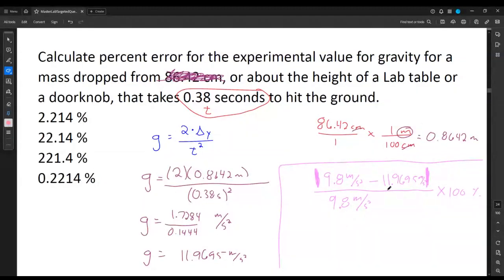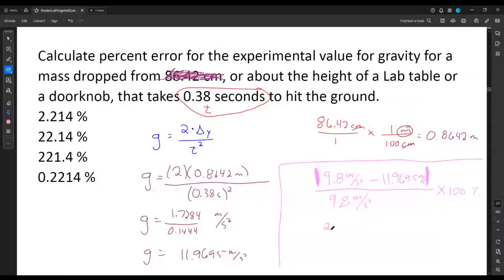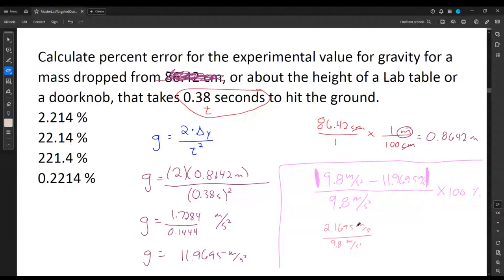Okay, so finding the difference, we subtract these, technically get a negative answer, but it doesn't matter because of absolute value bars. This is off by 2.1695. And then dividing by 9.8 for what proper gravity should be. That's going to cancel out these units.